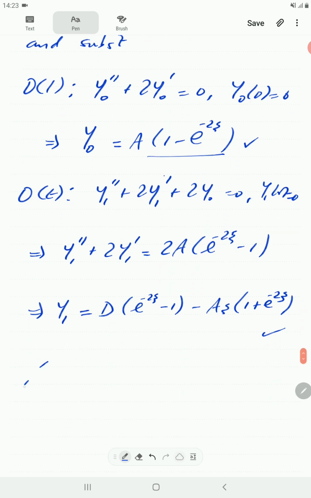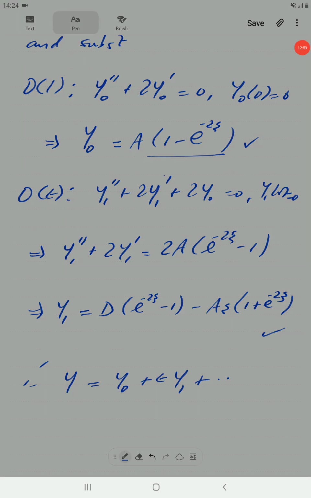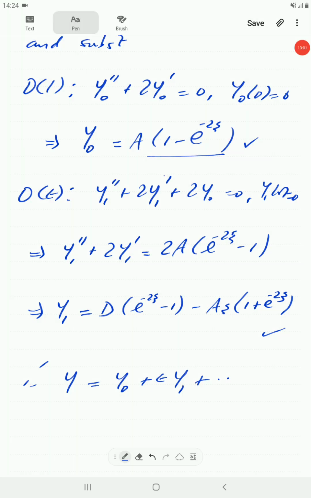So the inner solution we can write as Y naught plus epsilon Y1, but it still involves undetermined coefficients. How do we find these coefficients?